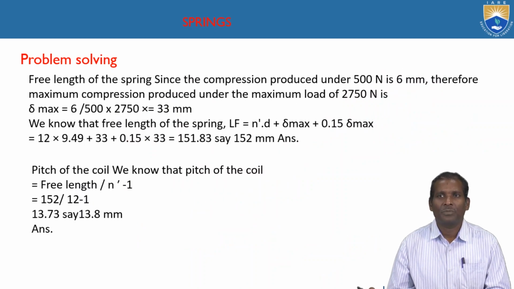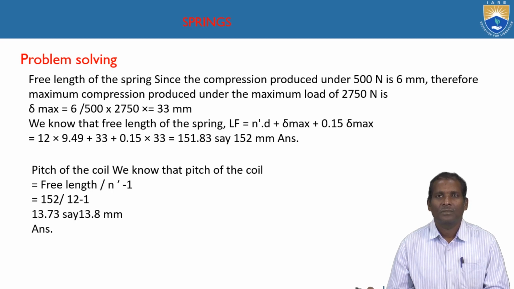Next, free length of the spring. Since the compression produced under 500 newtons is 6 mm, we have to find the maximum compression produced under the maximum load of 2750 newtons, that is delta max. So we have only calculated the deflection for 500 newtons.